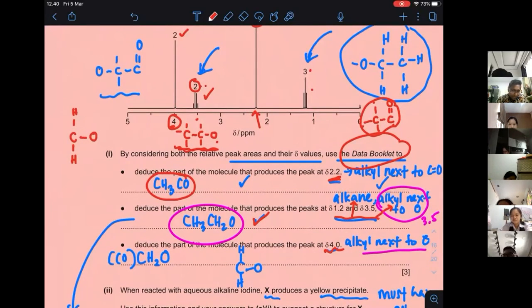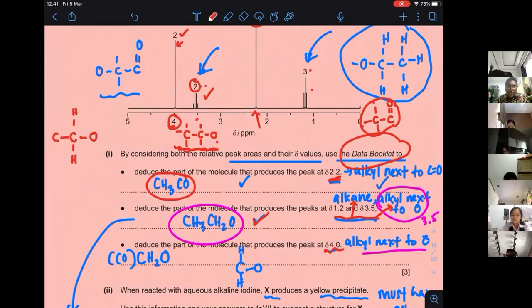I cannot just simply leave my answer like that. Why? If I leave my answer like that, then there will be another carbon there, and that carbon might be connected to 3 hydrogen. So if it is 3 hydrogen, I will not get only one splitting, I might get 4.